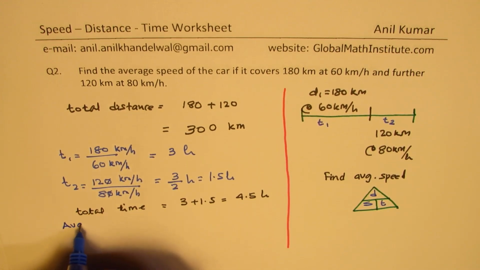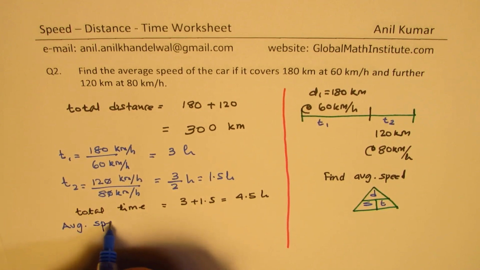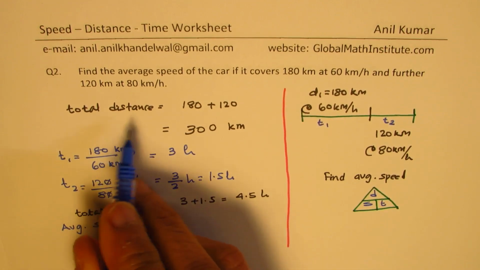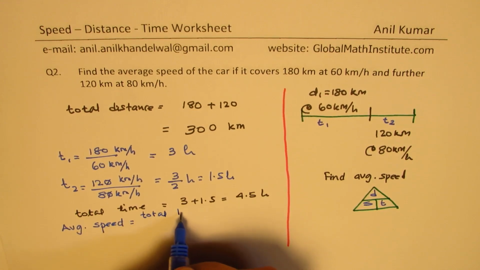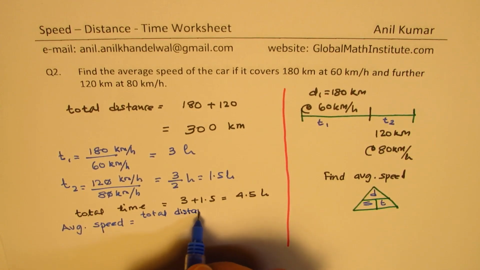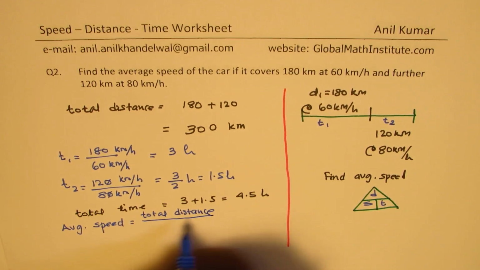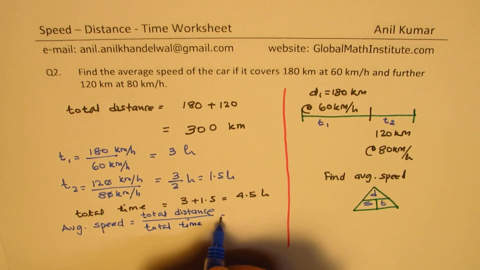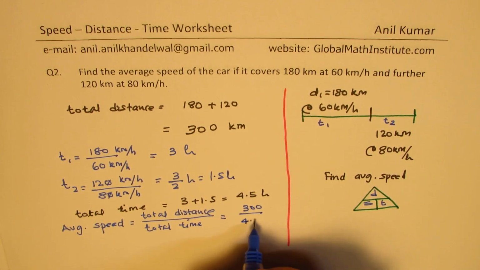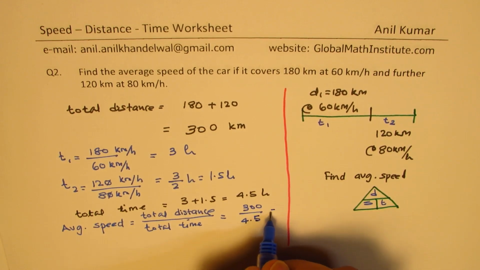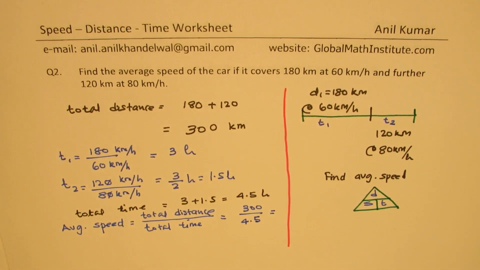So we have average speed, which is total distance over total time. So in our case, it is 300 divided by 4.5. Correct? So that is how you are going to answer these questions.